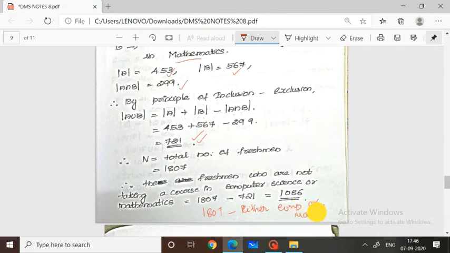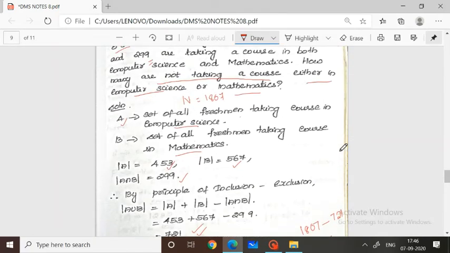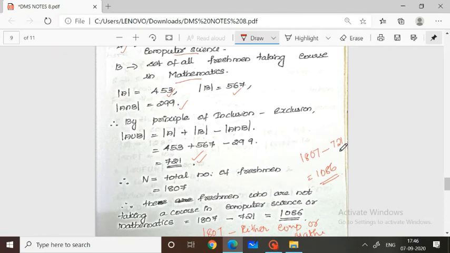So that is equal to 1807 minus 721, which equals 1086 persons who are not taking the course either in computer science or mathematics.